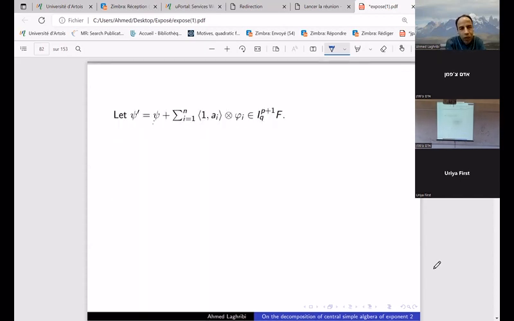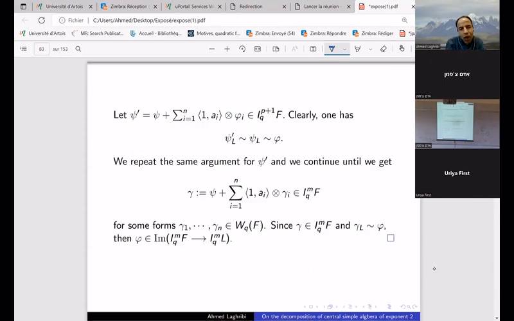Now, instead of taking psi, you take all this new form. And we clearly have this double Witt equivalence, because the correction becomes hyperbolic when you pass to L. So we repeat the argument that we used for psi, we use it for psi prime, until we get a form gamma of this shape, psi plus some correction, and we are in I, and we are done. So you see that once you compute the kernel, you can answer problem C easily.